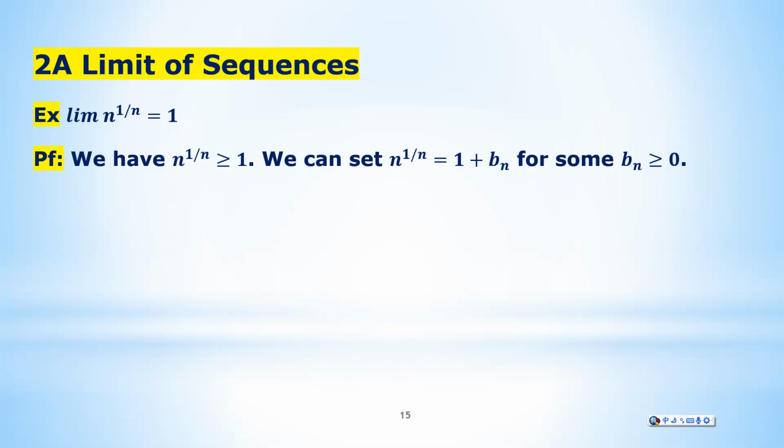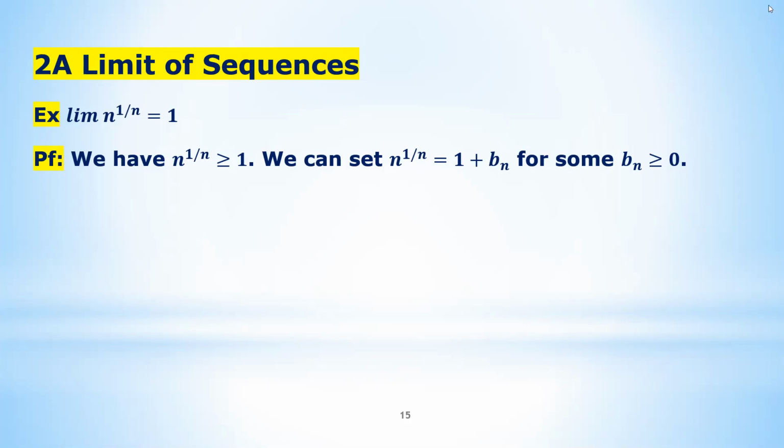If you have something smaller than 1, that number can be expressed as 1 over something where the bottom number is greater than 1, because then the fraction will be smaller than 1. So you can always define b n to be a positive sequence so that 1 over 1 plus b n is exactly equal to c to the 1 over n. The reason is that when c is between 0 and 1, c to the power of 1 over n is smaller than 1.